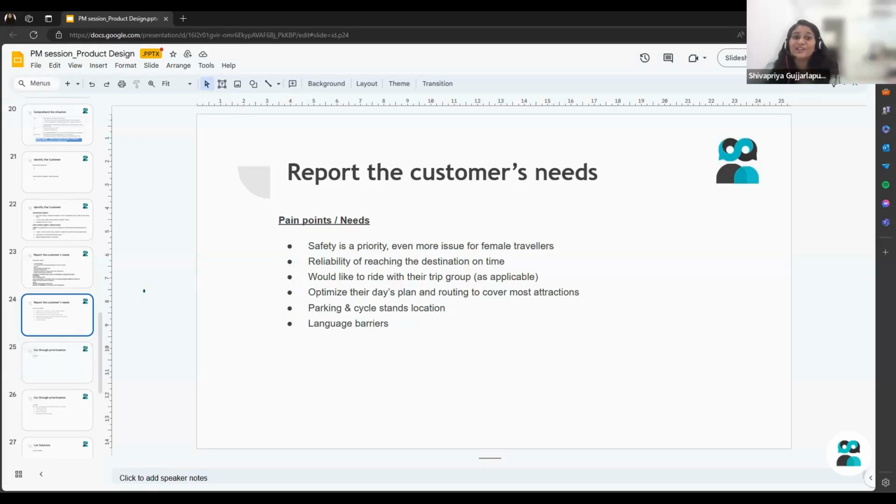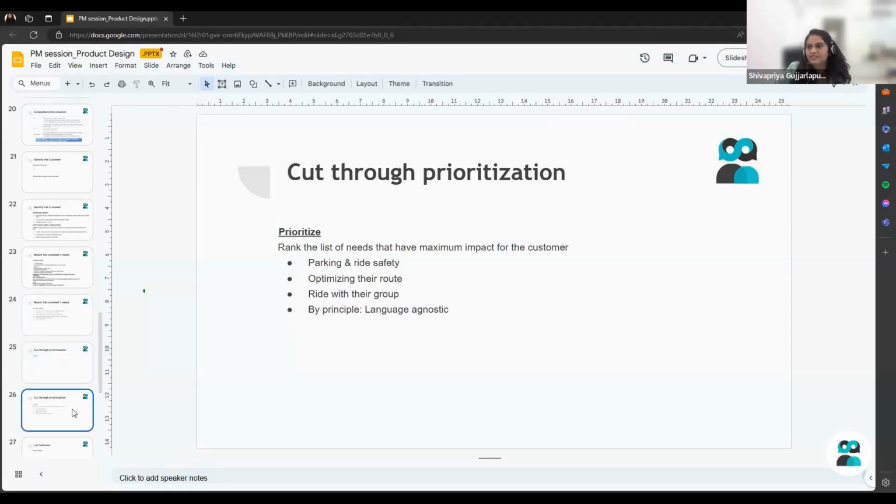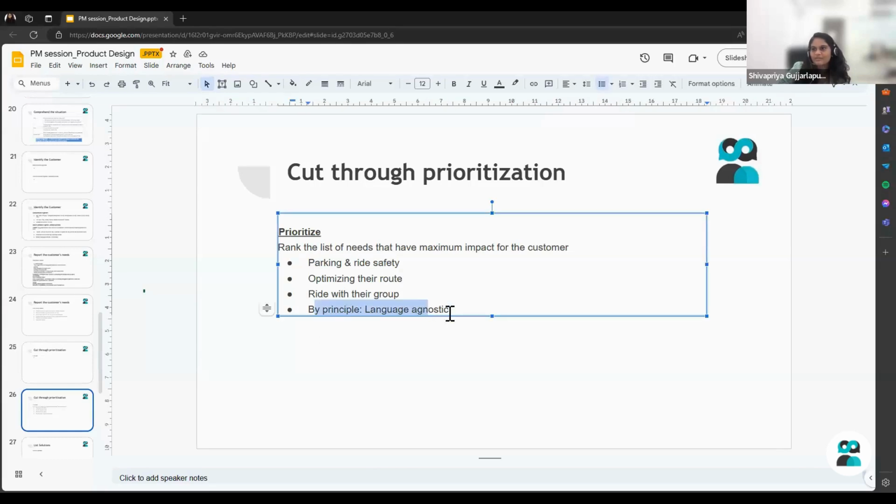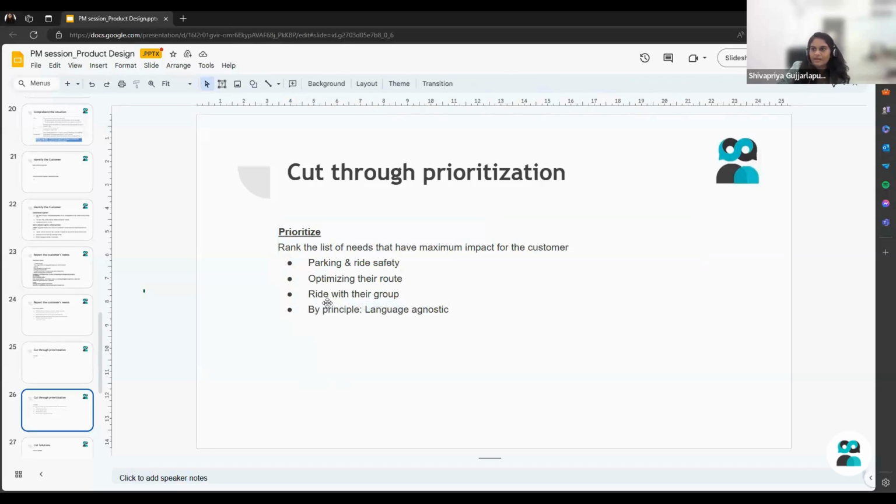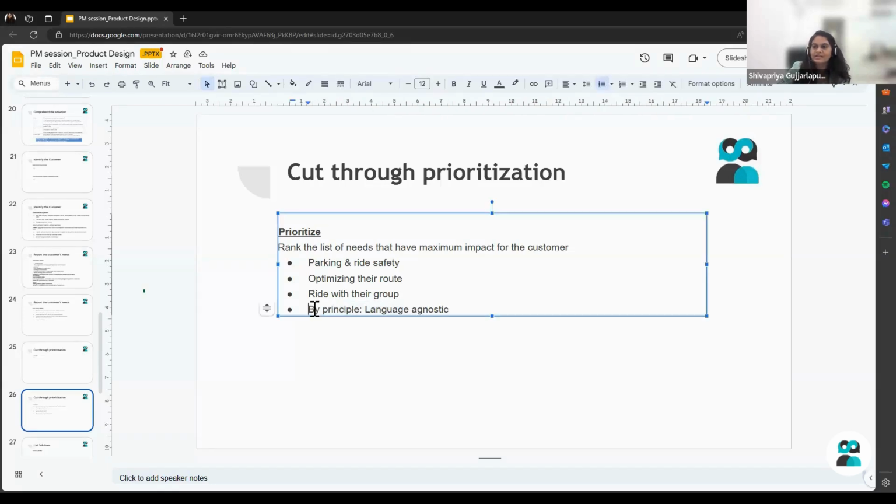Absolutely. I think a lot of people are also saying similar points, and that is exactly how I went about doing it. I typically would want to pick three, but I made the principle of language agnostic behavior. So this felt like a basic thing for me, and so I added it.